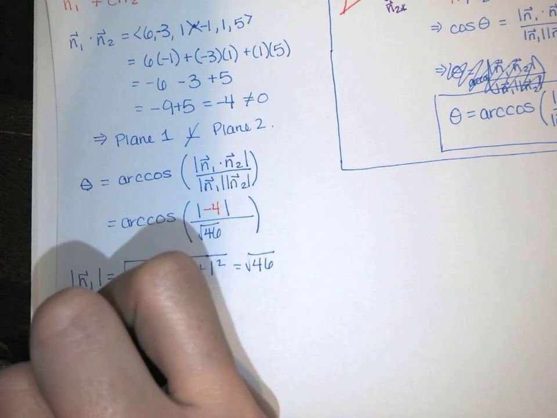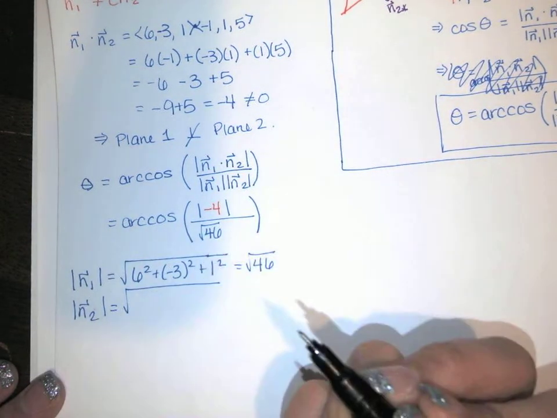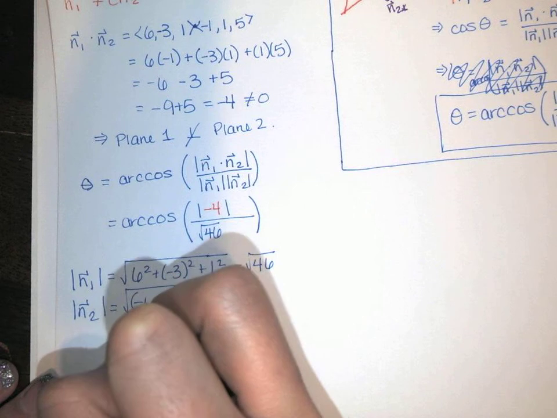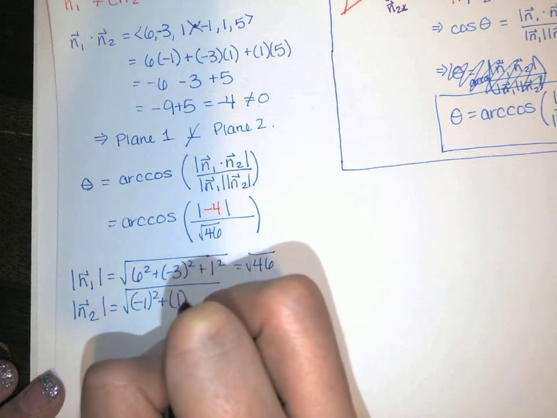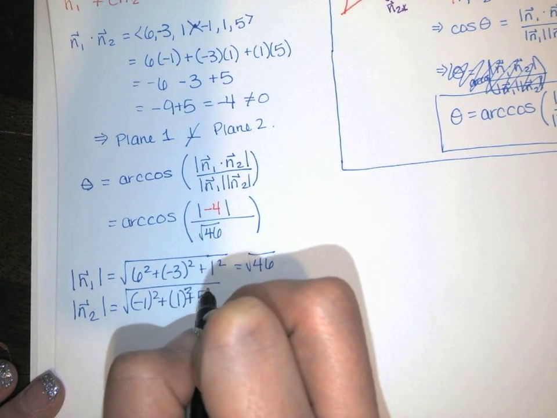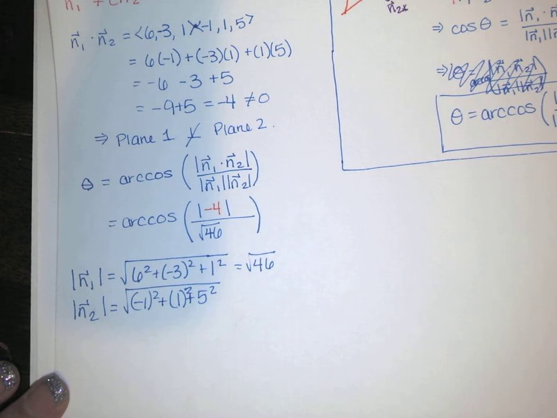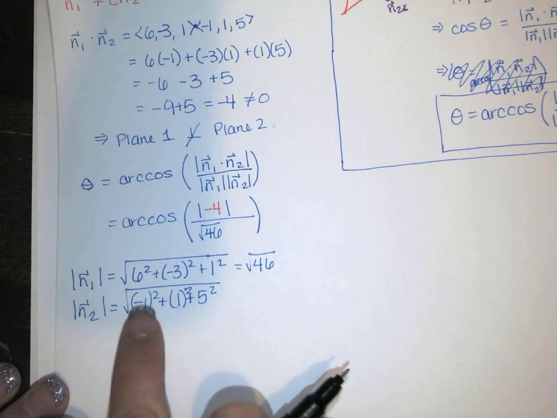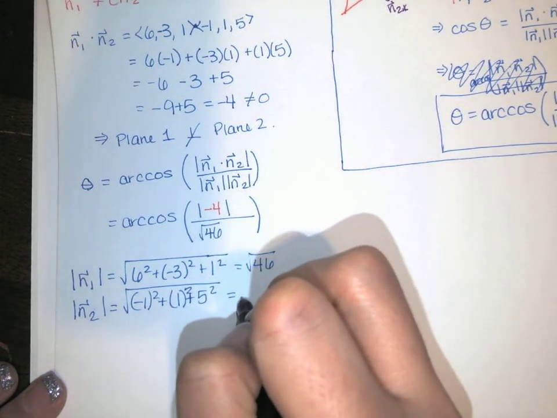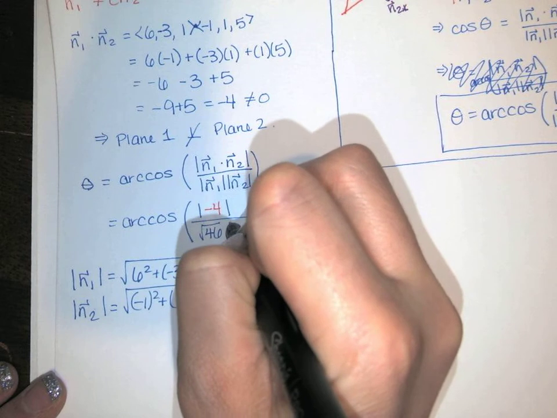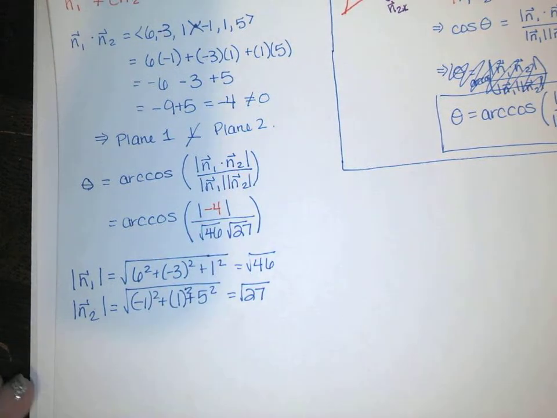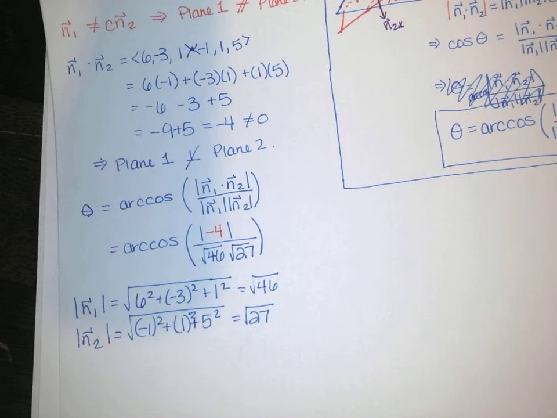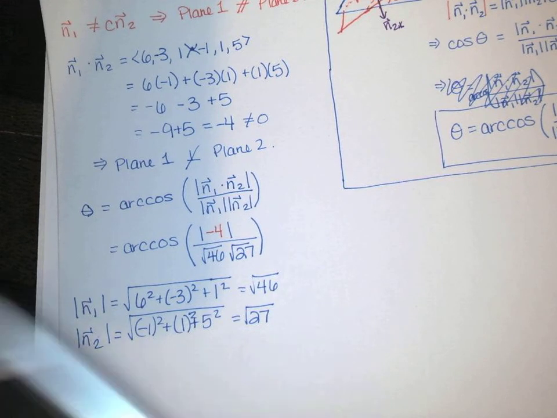And then the length of the second normal vector is -1 squared plus 1 squared plus 5 squared. Take the components, square them and add them and take the square root. 1 plus 1 plus 25 is 27. Okay, I'm going to use my calculator to evaluate that, and it gives us the angle between the two planes.